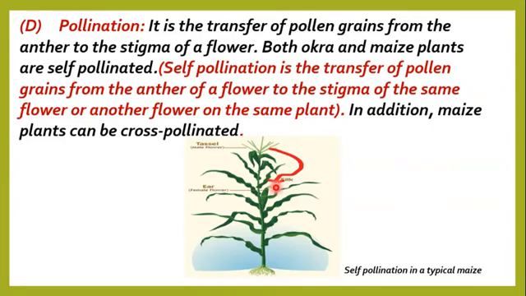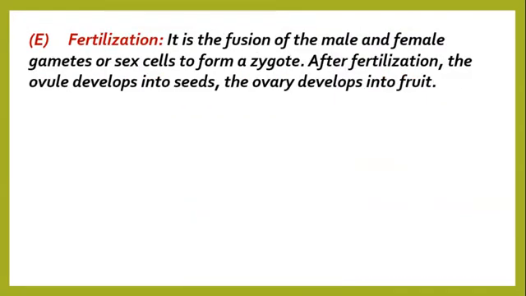Good. Now let's move on to the third stage of flowering plants, that's maize or okra. And that is fertilization. Good. Now, what is fertilization? It is the fusion of the male and female gametes or sex cells to form a zygote.